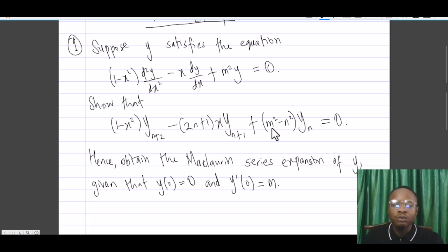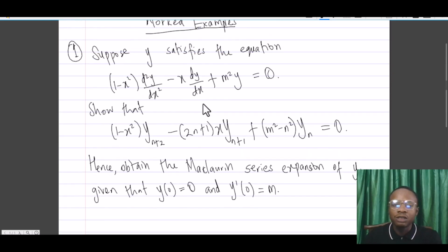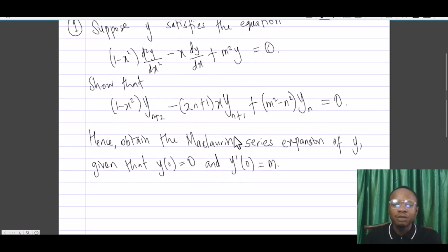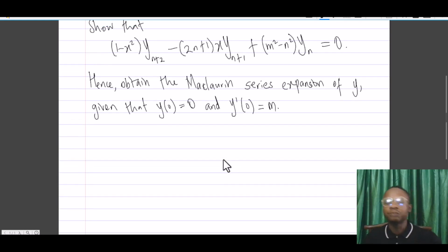This is something we've done when we considered the Leibniz formula. So the same thing will be done here using the Leibniz formula for cases where we have a product of two functions. And after we have established that, we'll come back to answer the question that asks us to get the Maclaurin series expansion. All right, so the solution now.